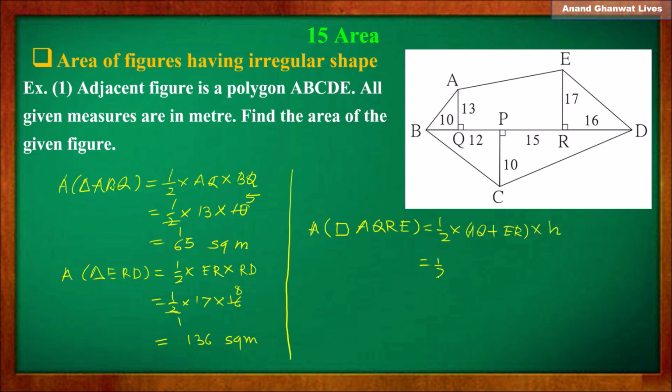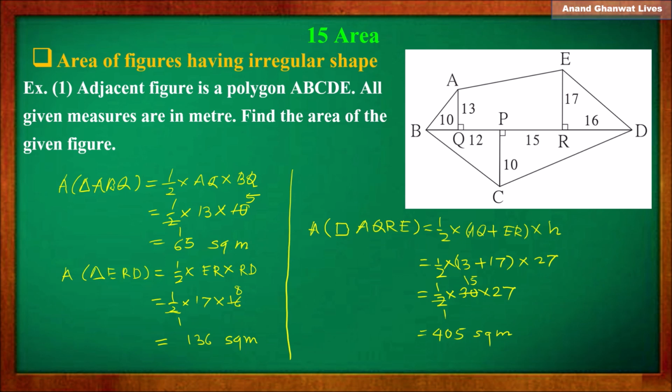So 1/2 into AQ is 13 plus ER is 17, into height, that is QR. So 12 plus 15, that is 27. So it is equal to 1/2 into 30 into 27. 2 1s are 2 and 2 15s are 30. So 15 into 27, 405 square meter.